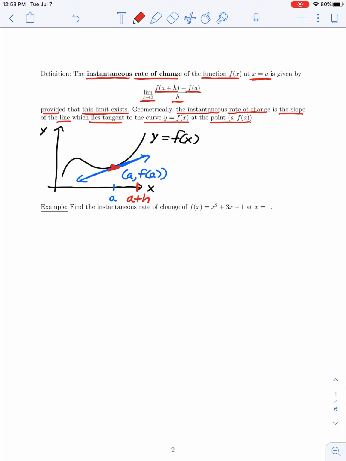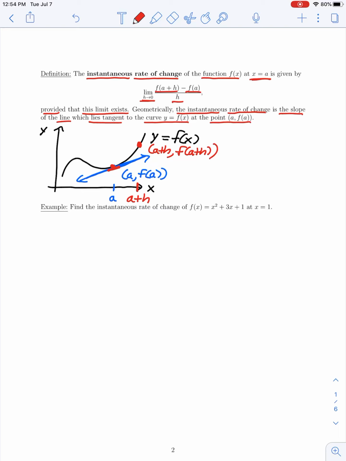Let's call it a plus h. So I can find the corresponding point on my curve as having an x-coordinate of a plus h and a y-coordinate as the value of the function at that x value. So f of a plus h.